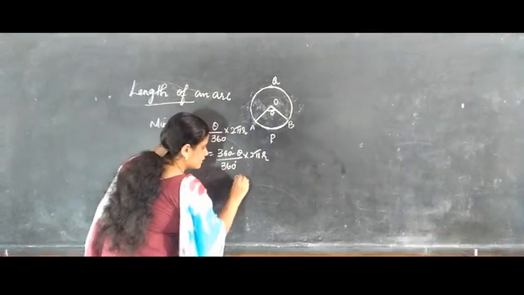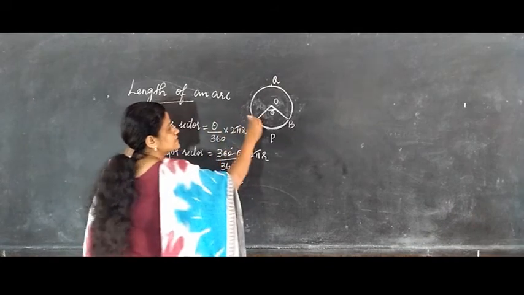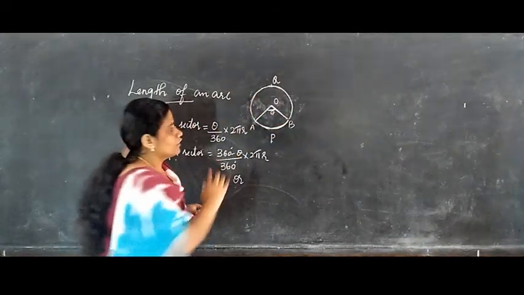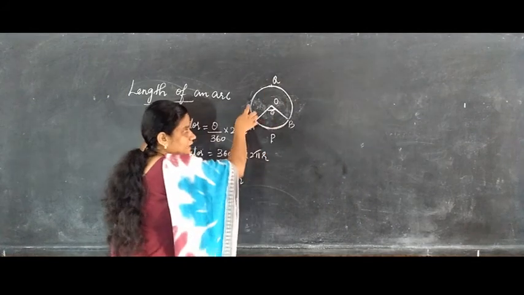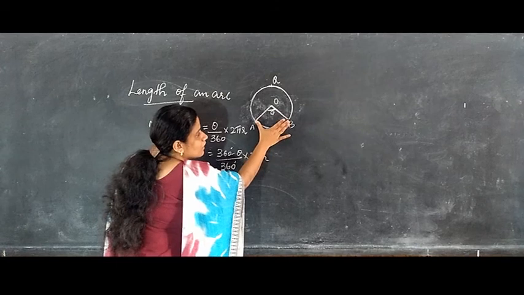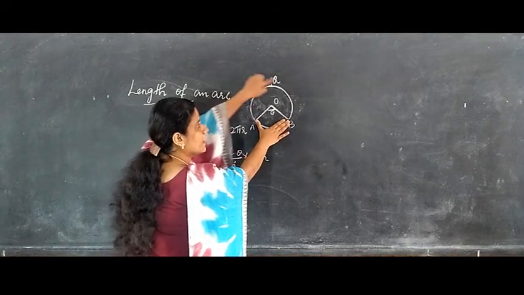Or else we can use one more formula. What is that? See, this entire length is 2 pi r. So from this circumference, if we subtract the length of the arc of a minor sector, we get the remaining.